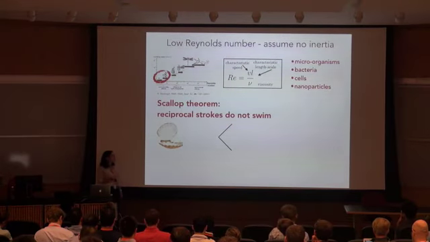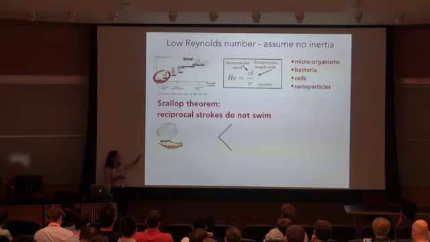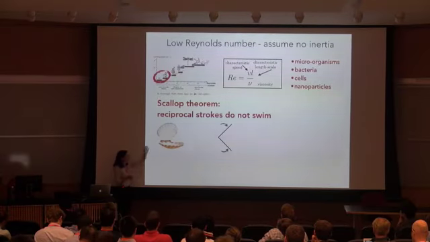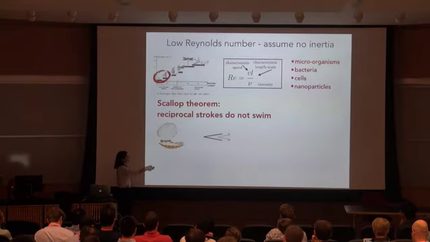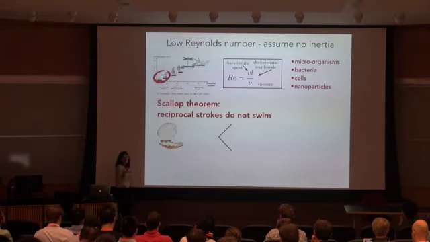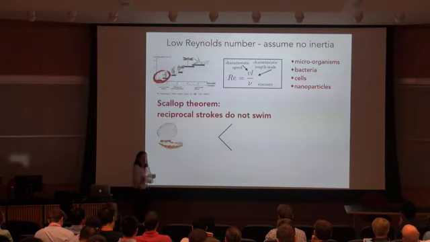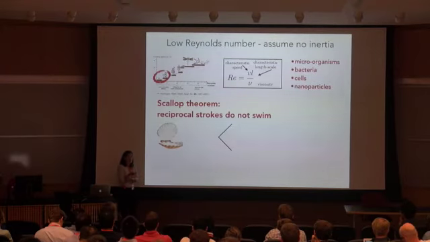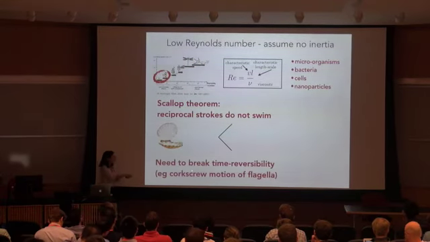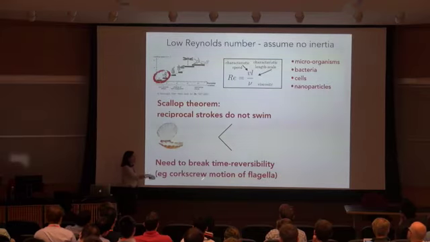If a scallop closes its shell and moves, then in the second half of the cycle it goes back to exactly where it was. That's because the Stokes equations are linear and there is no time, so we need to break time reversibility. This is what organisms do by chirality, for example.